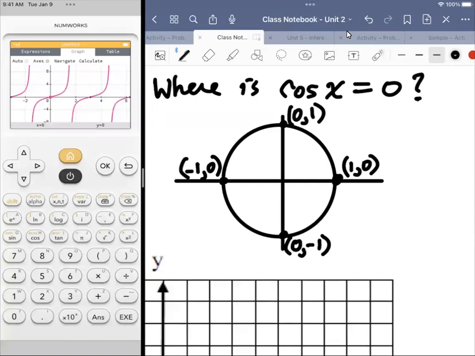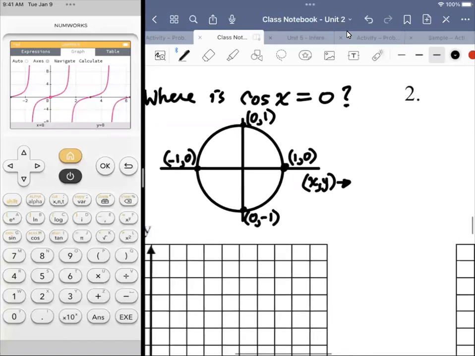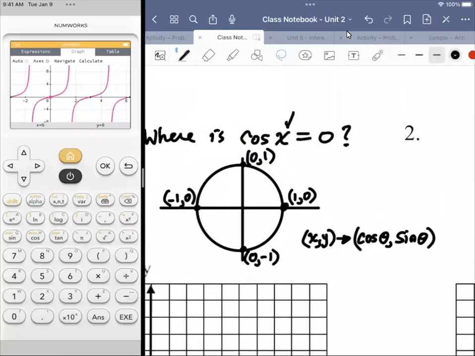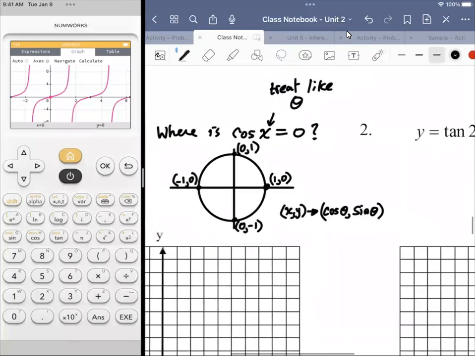In the unit circle, x, y corresponds to cosine theta, sine theta. Here in this problem, we're using x as the independent variable, but we're really treating it like a theta.